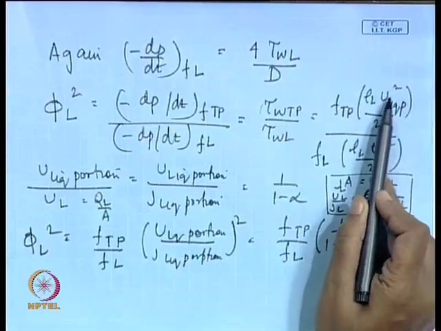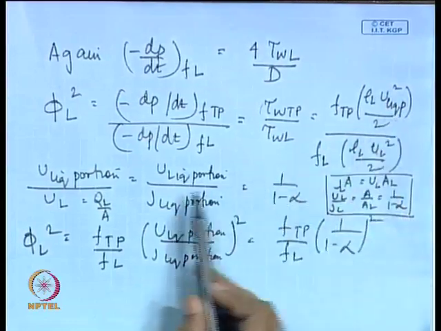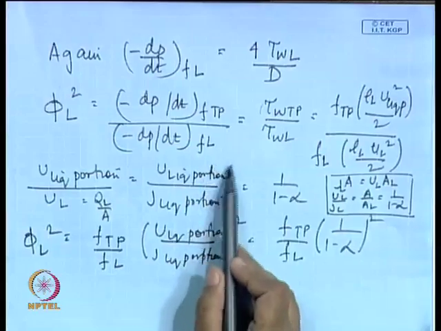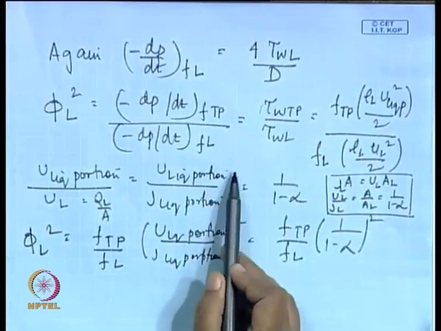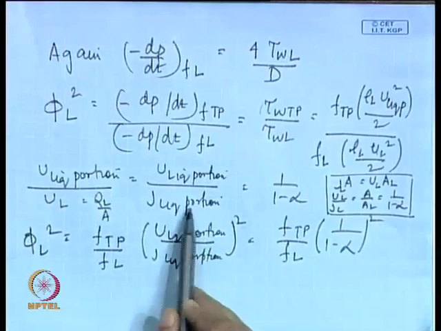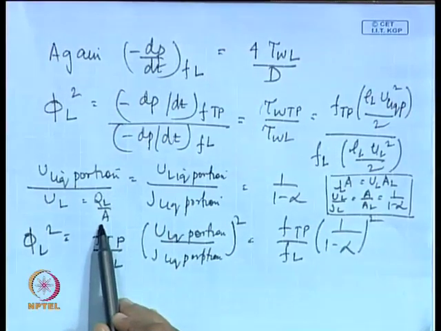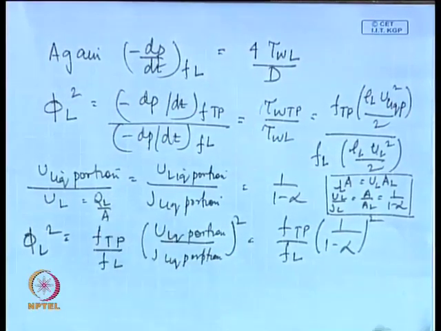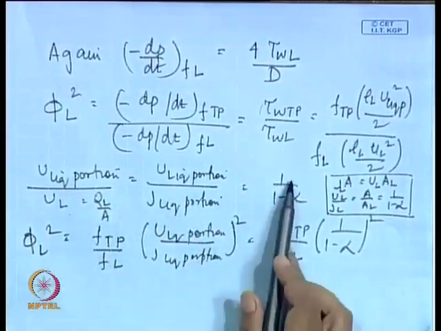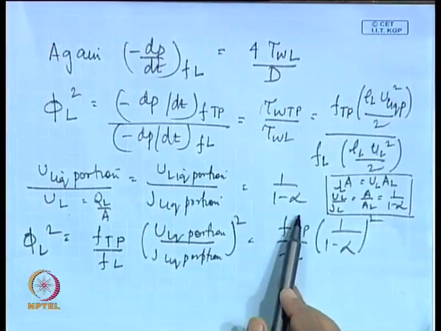If you are finding the velocity of the liquid portion, keep in mind that this velocity will be equal to Q liquid divided by A L. If that liquid flows alone in the pipe, it will be equal to Q L by the total cross sectional area. So these small things you have to remember. From here, what did we get? We found that U liquid portion by U L was nothing but 1 by 1 minus alpha.